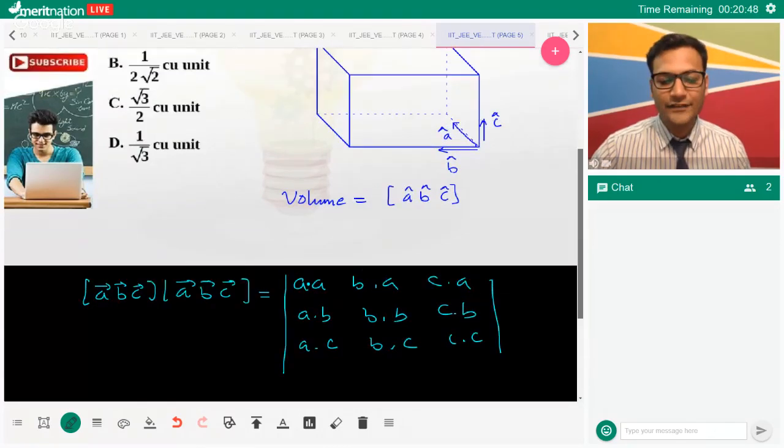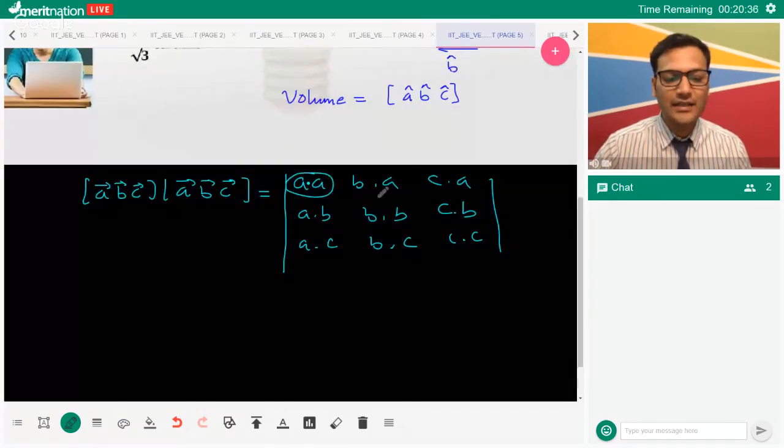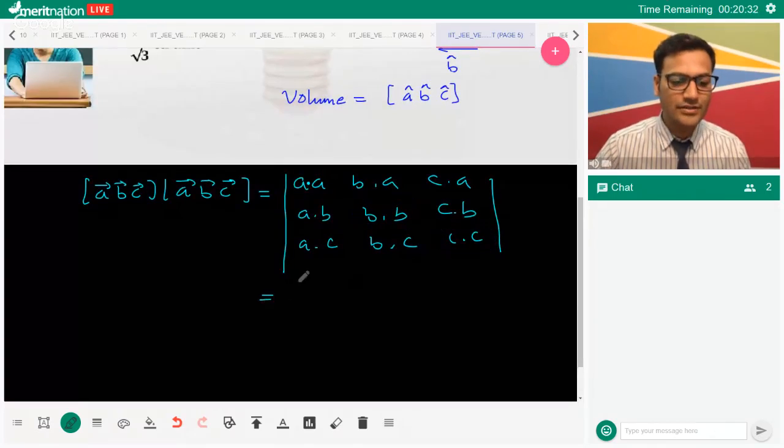You've been given that A, B, C are all unit vectors, of unit length. Obviously, A dot B, B dot C, C dot A are half. A dot A, B dot B, and C dot C will turn out to be 1 because they are unit vectors. So this turns out to be 1, half, half.